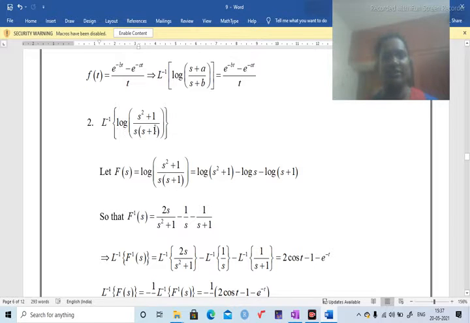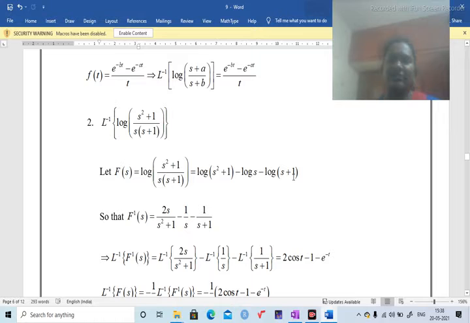So L inverse of log of (s square plus 1) by s into (s plus 1). Take this as f of s. By using the formula log a by b, write down log a minus log b. Afterwards log ab equal to log a plus log b. On simplification we are going to get this expression. F dash of s equal to, log differentiation is 1 by (s square plus 1). S square plus 1 differentiation is 2s. Log s differentiation is 1 by s.